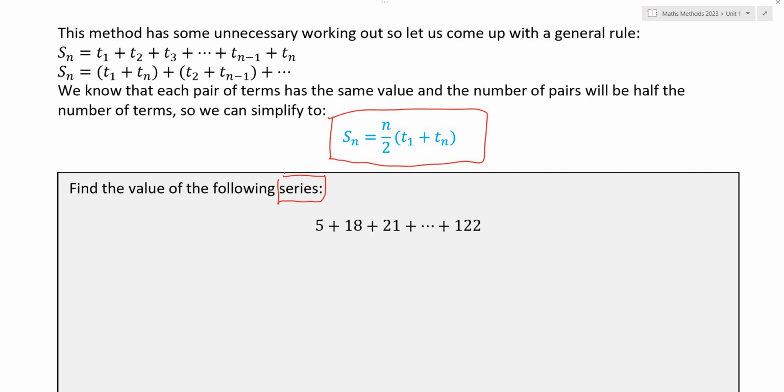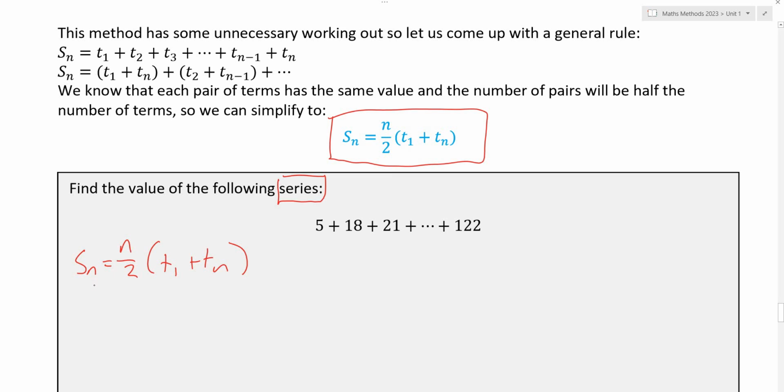So to use my formula, guys, Sn equals n over 2, bracket, T1 plus Tn. Looks good, right? Do we have all the information we need to solve that? Let's go through one by one.